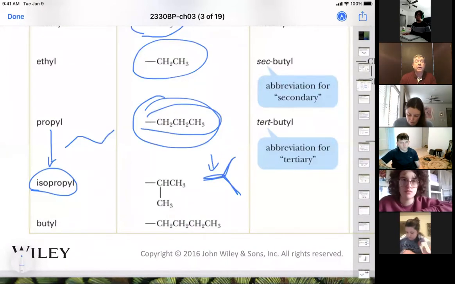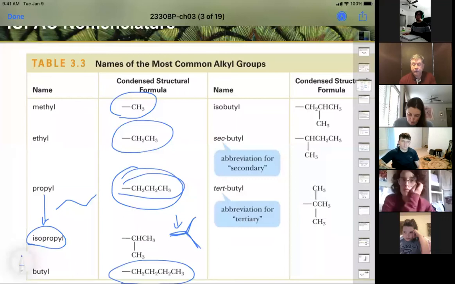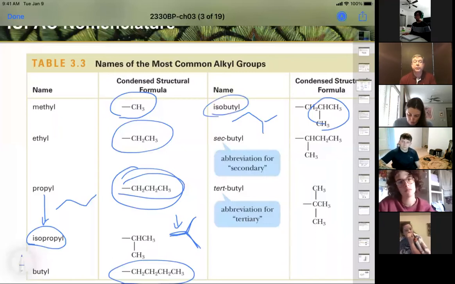If we go on to the next one, 4 carbons, the simple long chain is called butyl. However, if it has the isopropyl group in it right here, it's called isobutyl. And if we change to a different isomer where we move a methyl group from the second carbon over to the first carbon hooked to the parent, we call that sec-butyl.